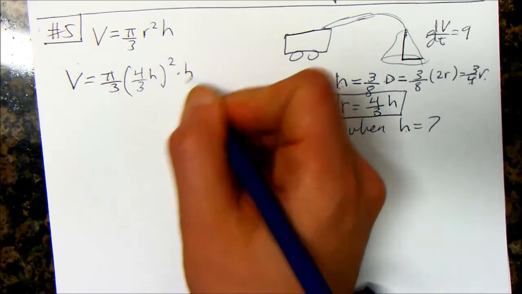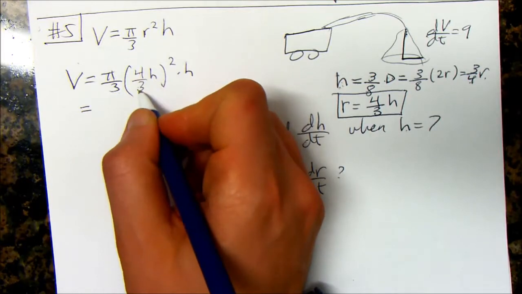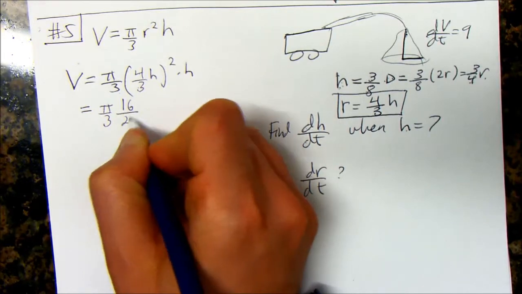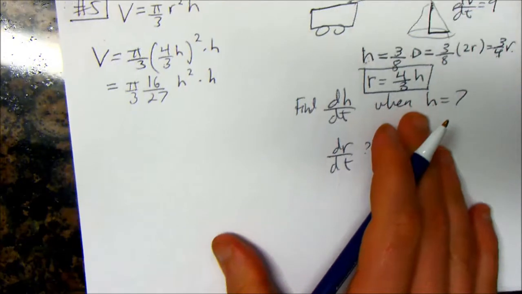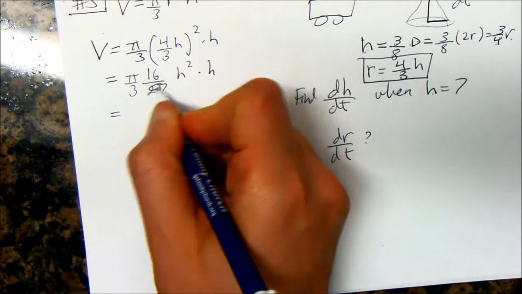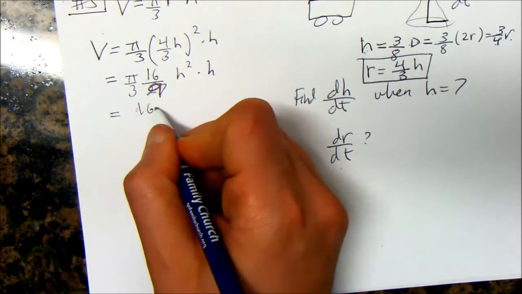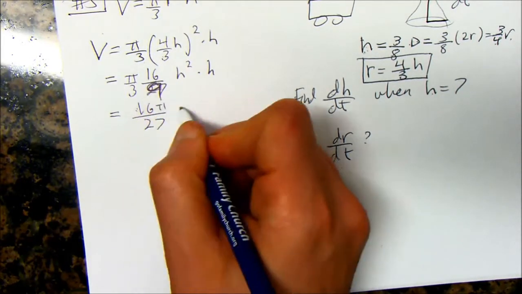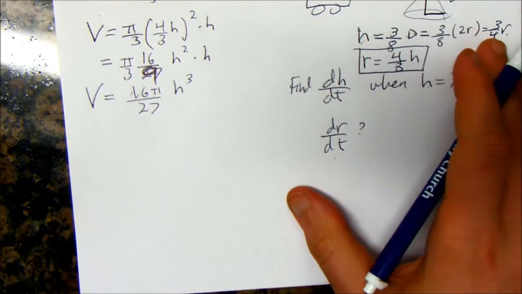And then there's another h out here. But this turns out to be 4/3 squared is 16/27. So pi over 3 times 16/27. h squared is just h squared, and then there's the h from out here. Alright, well this becomes, I'm sorry, this is 16/9, not 16/27. 16/9. So then this becomes 16 pi over 27. 3 times 9 is 27. And this is h cubed. That's my V.